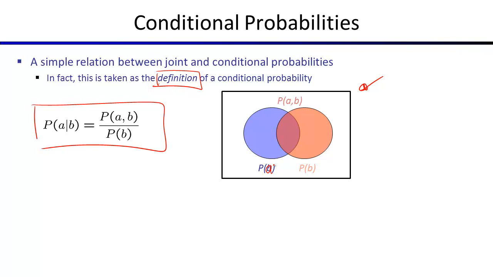If it falls inside the red circle, event B happens. If it falls inside the intersection here, then events A and B are both happening. And if it falls into the white space, neither event A nor event B is happening.